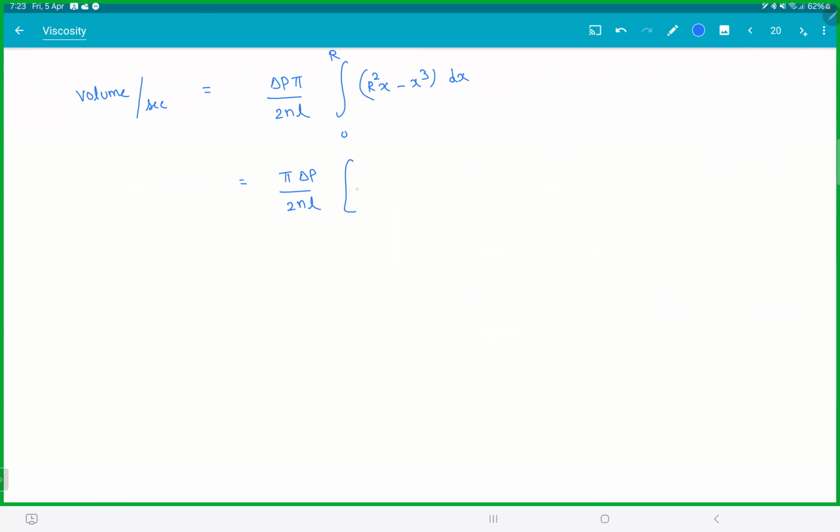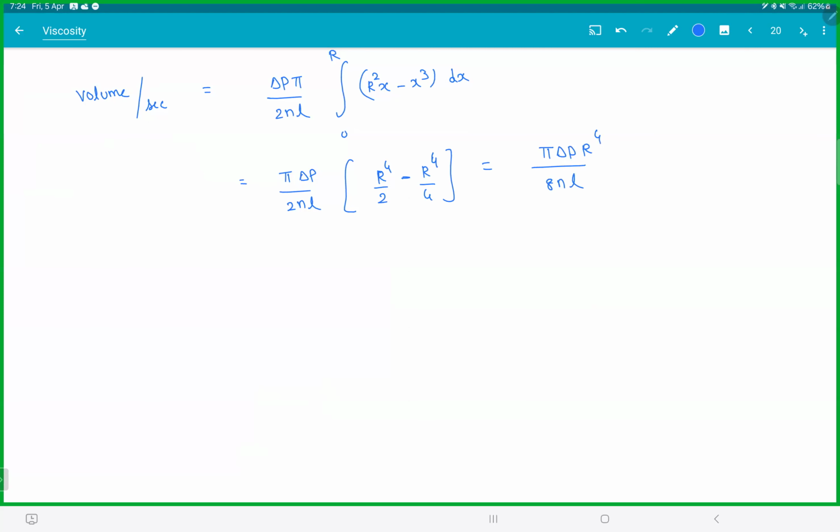This turns out to be r square times r square by 2 minus r power 4 by 4. This turns out to be pi delta p r power 4 by 8 eta L.